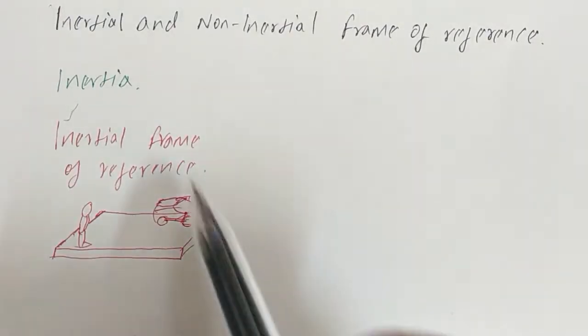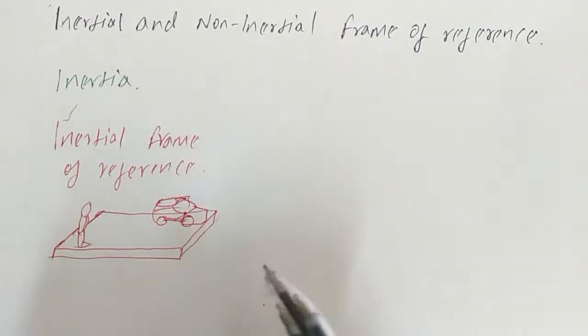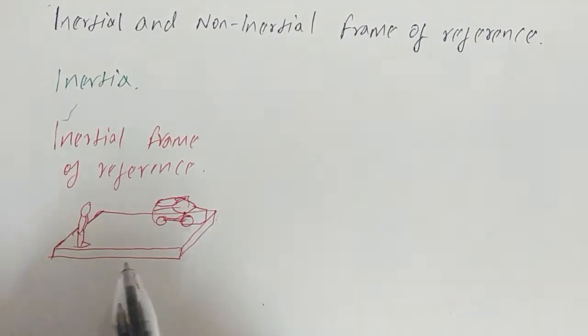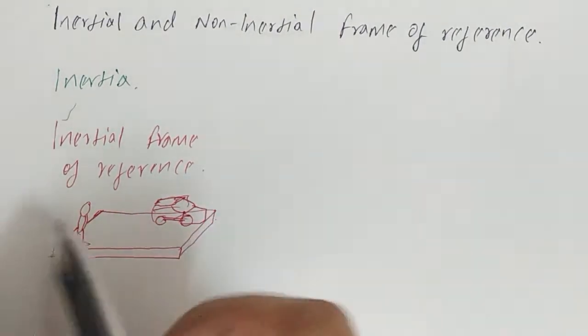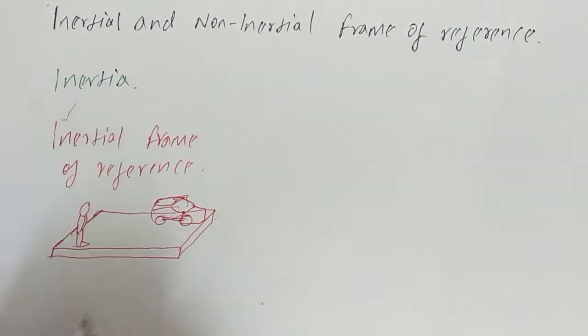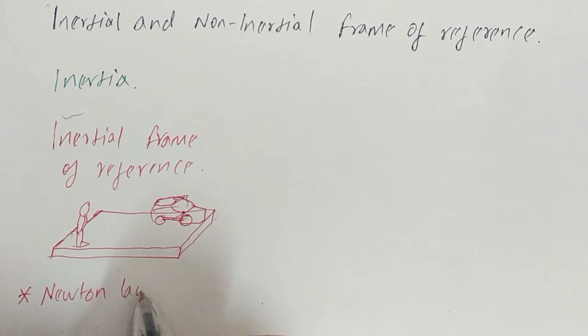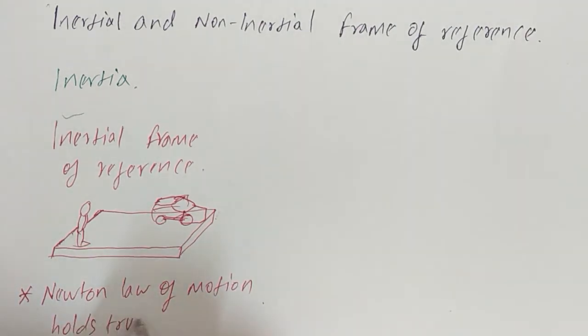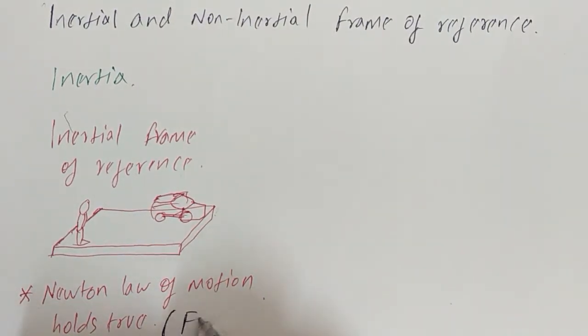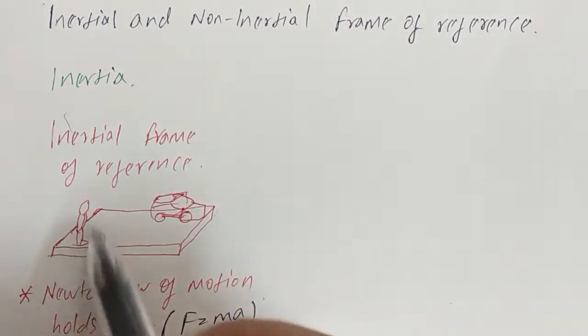We have understood what a reference frame is. Now we should understand what an inertial frame of reference is. An inertial frame of reference is a frame of reference from where Newton's law of motion is valid. First point is that Newton's law of motion holds true. That means F equal to ma holds true from this reference frame.